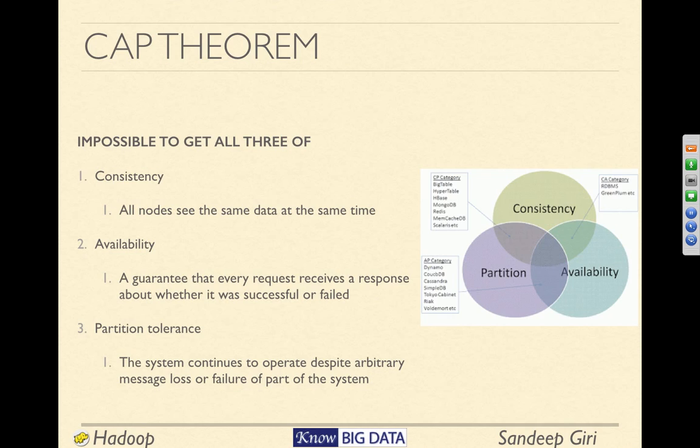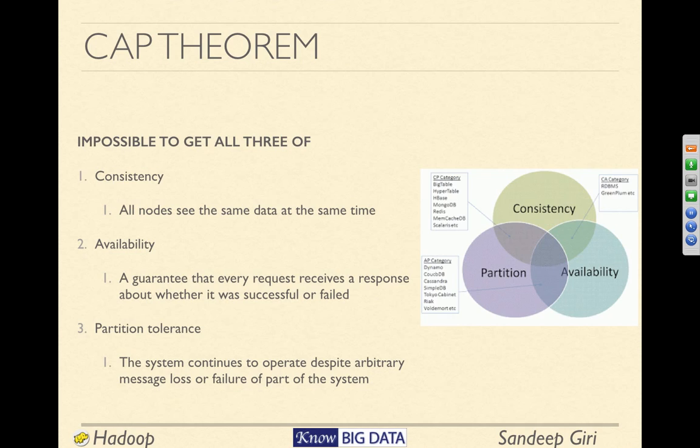Therefore, most of them have a different consistency model. For example, MongoDB is not able to provide the ACID properties like atomicity.